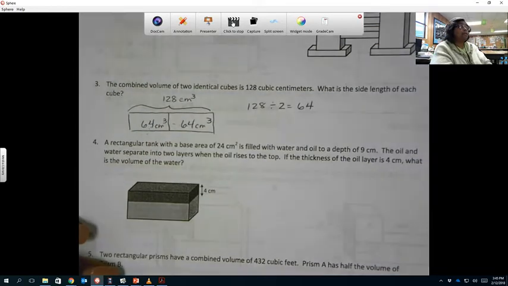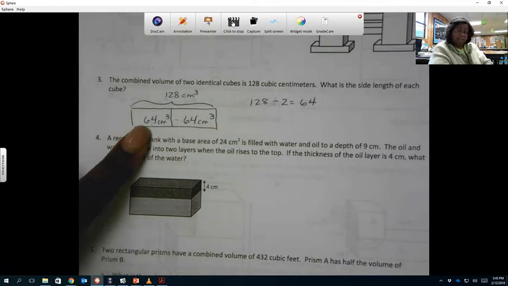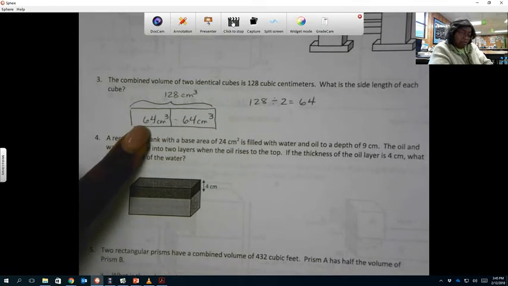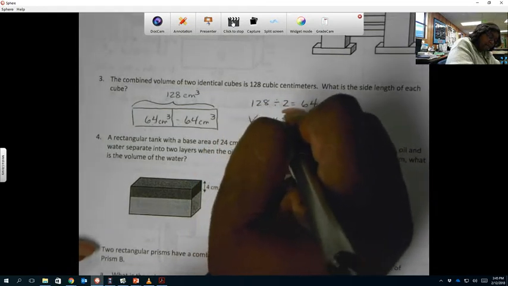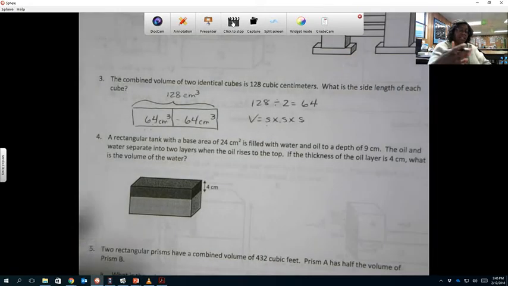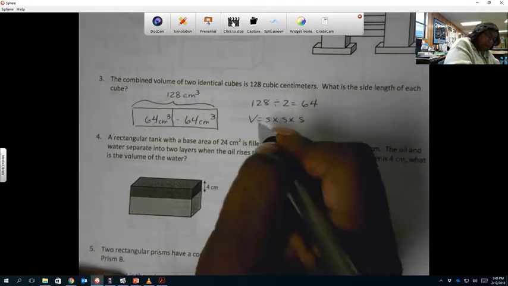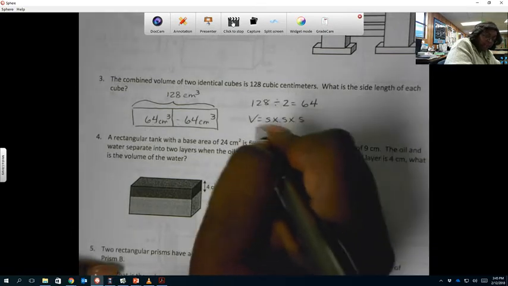Now, this is the volume of a cube. I know that the volume of a cube is side times side times side, meaning the length, the width, and the height are the same. So I need a number that I've multiplied 3 times that would give me 64.